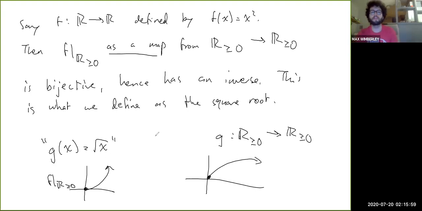Of course, I'm not saying you have to use this as your definition of the square root. I didn't even prove that this is actually bijective anyway. We can just take for granted that the square root has all these familiar properties.